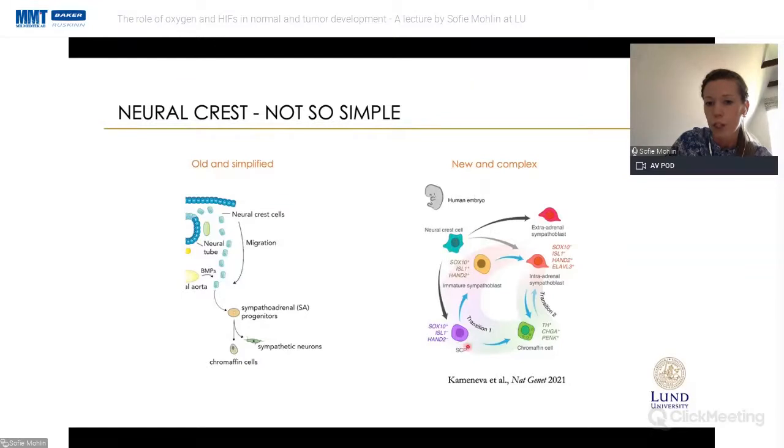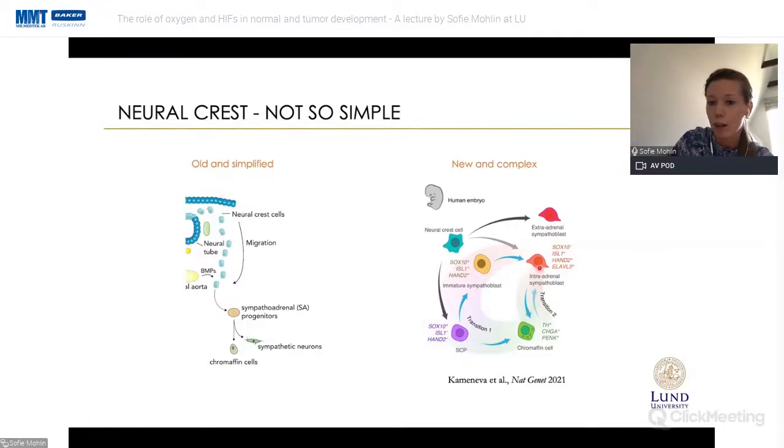It also differentiates into Schwann cell precursors that in turn differentiate into chromaffin cells, so we have this intermediate step. However, the Schwann cell precursor can also transition into immature sympathoblasts, which in turn differentiate into an intraadrenal sympathoblast, but not the extraadrenal.